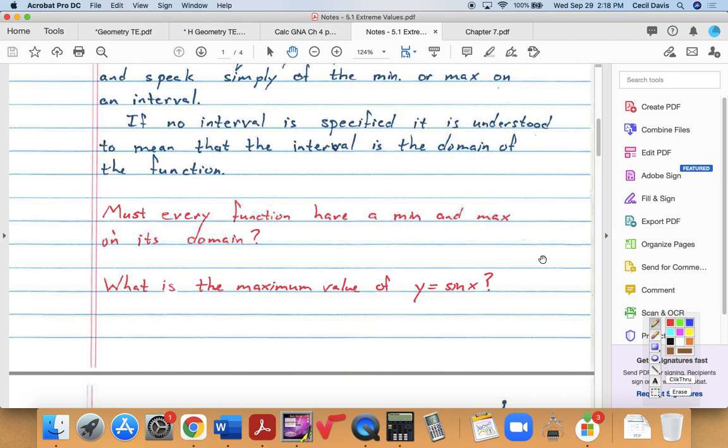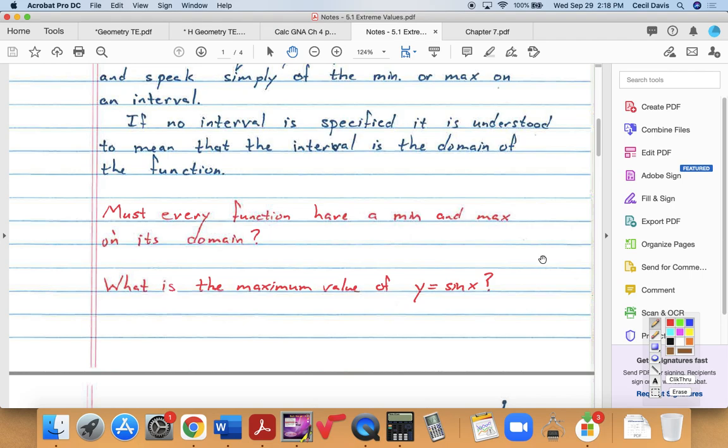You mean a horizontal line? Yeah, that's what I mean. Okay, a horizontal line does have a minimum and a maximum. They're both the same. Well, what if it goes on forever? That minimum and maximum occurs an infinite number of times. Okay, fine, yes.